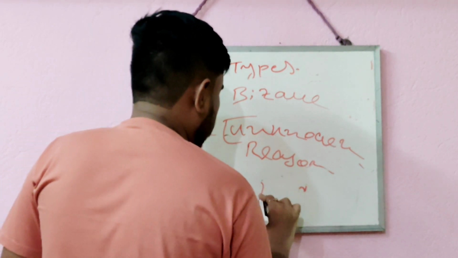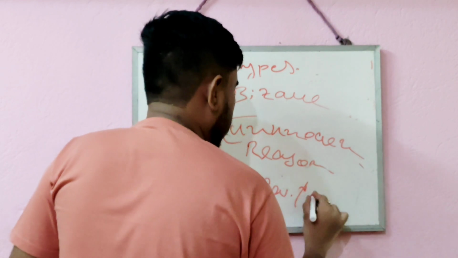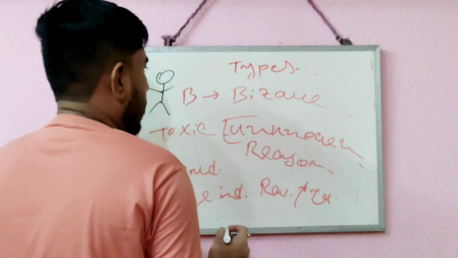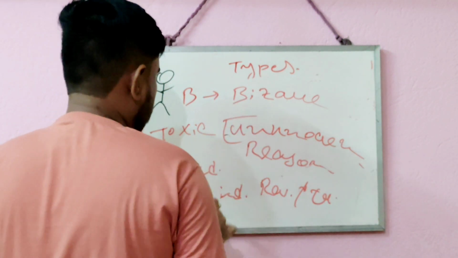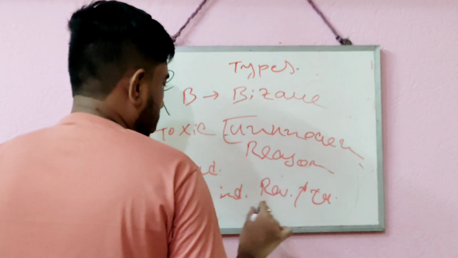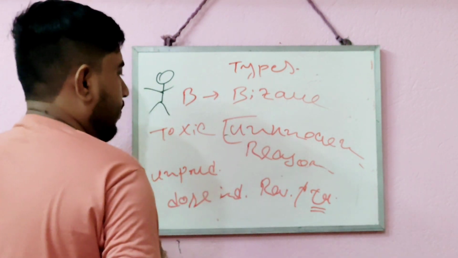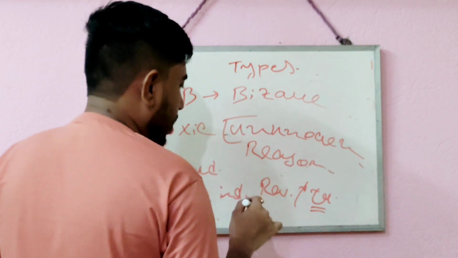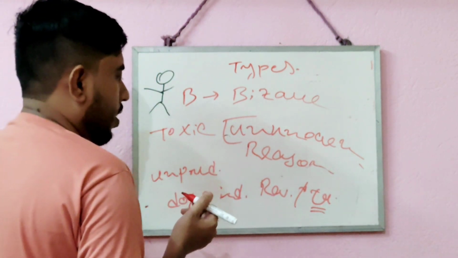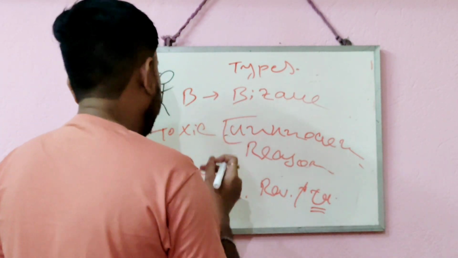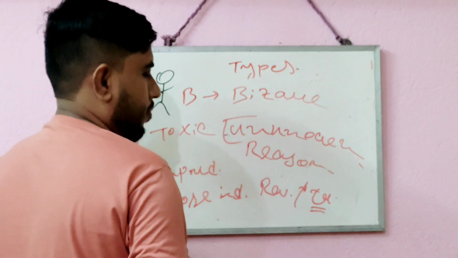and may be reversible or irreversible depending upon the reason, but most bizarre adverse drug reactions are irreversible because we don't know the specific reason why the reaction shows in our body. So they are irreversible or untreatable most of the time.